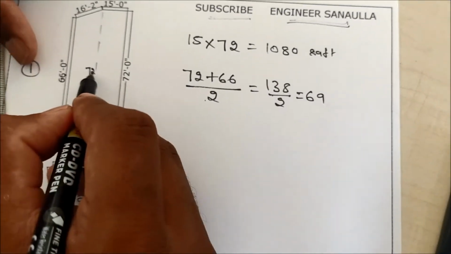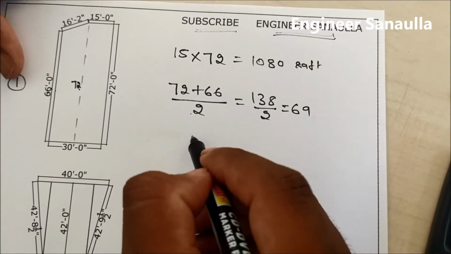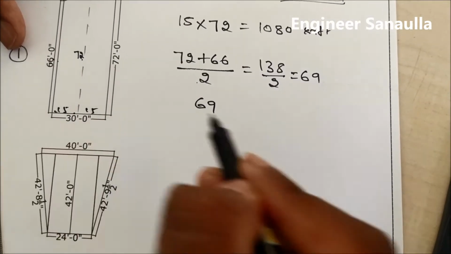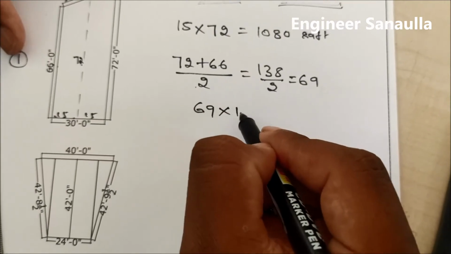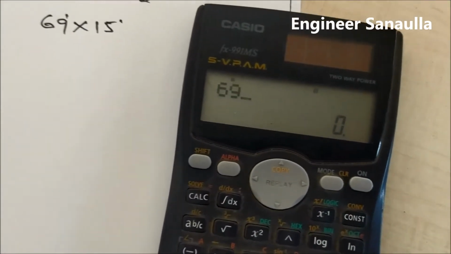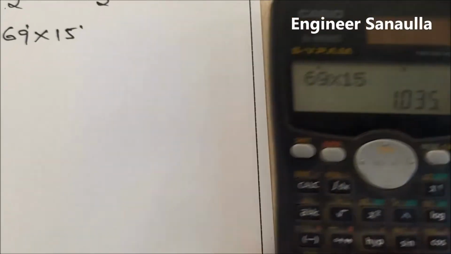So this mean length is 69, and the width here is 15 feet. So 69 into 15 is 1035 square feet.